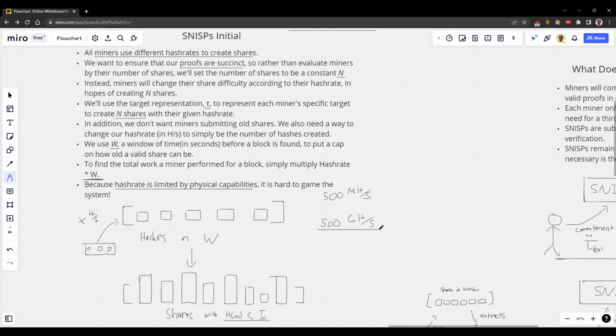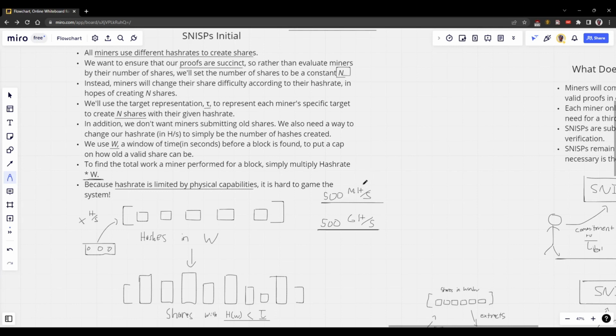So this miner here is going to be creating a ton more hashes than this miner within the same window of time. Because of that, this miner is likely to create a lot of shares if their ta values were the same. But really, we want our ta value to be adjusted so that each miner creates n shares within the window. So what does that look like?